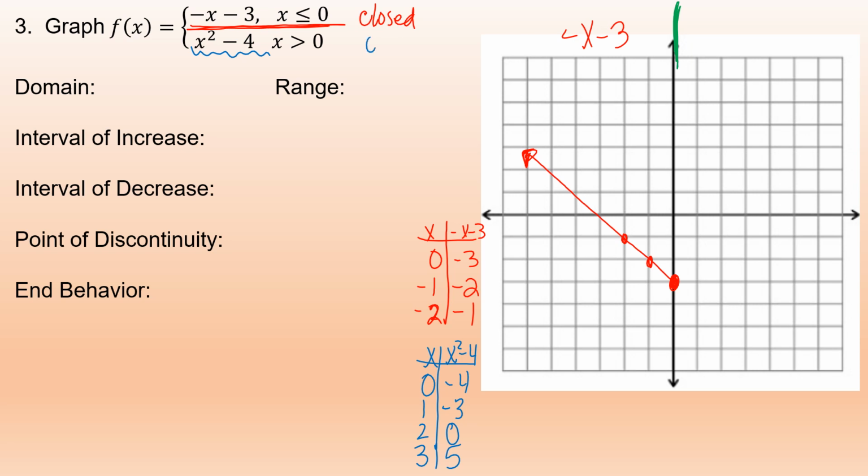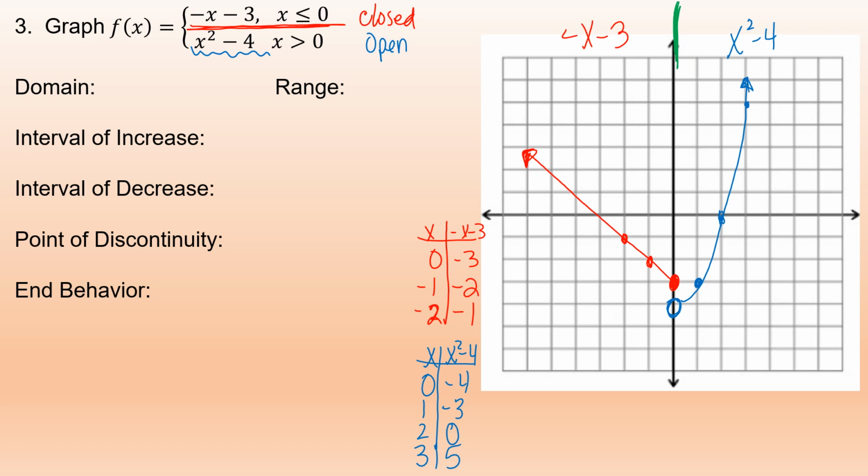I do need to have an open circle for the right-hand side of my graph for the x squared minus 4. So at that y-intercept, 0, negative 4, open circle, 1, negative 3, 2, 0, and then 3, 5. And there's a portion of that quadratic function that we have graphed.